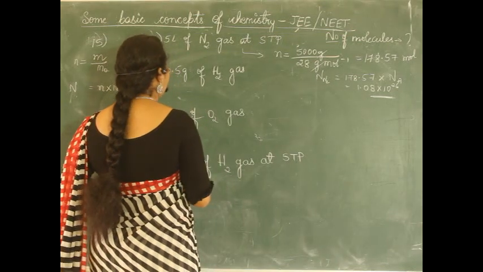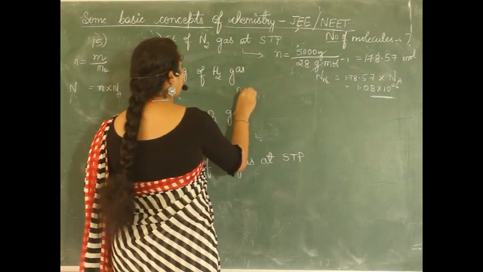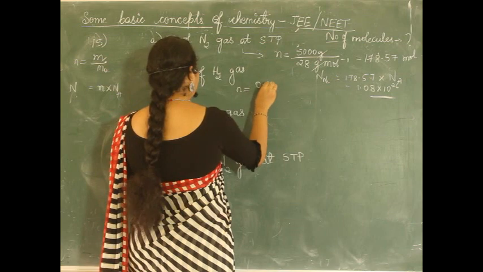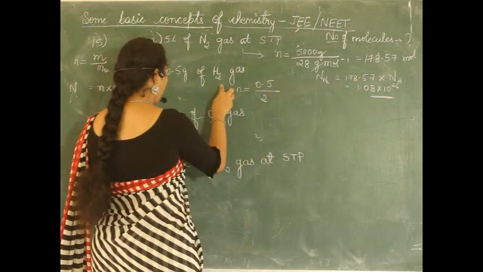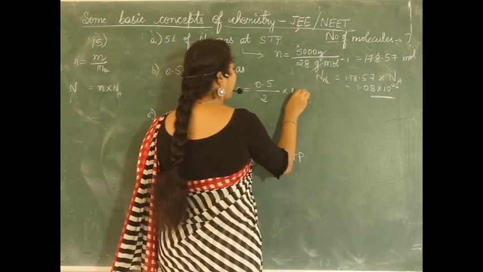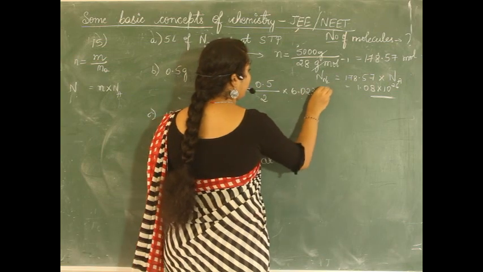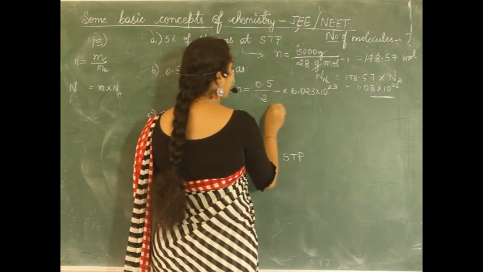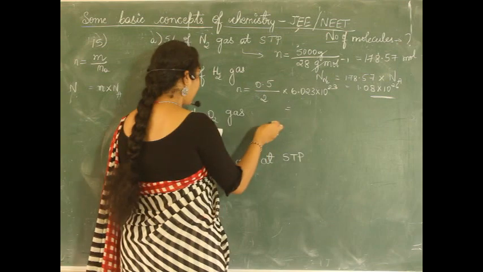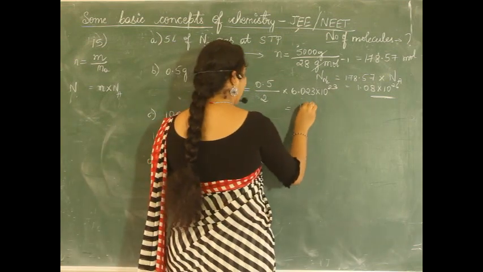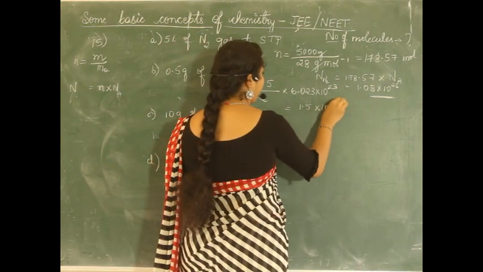Here in the second option it's given N is equal to given mass is 0.5 by mass of hydrogen 2 into Avogadro's number. Directly I'll substitute, or you can go stepwise as well. So what will be the answer? 1.5 into 10 to the power 23 molecules.